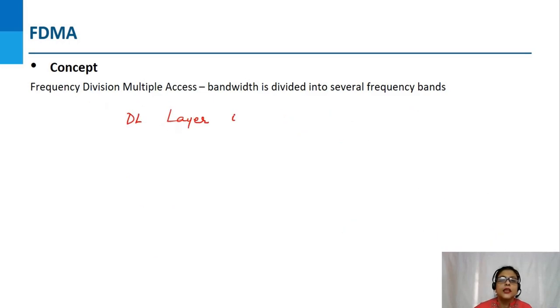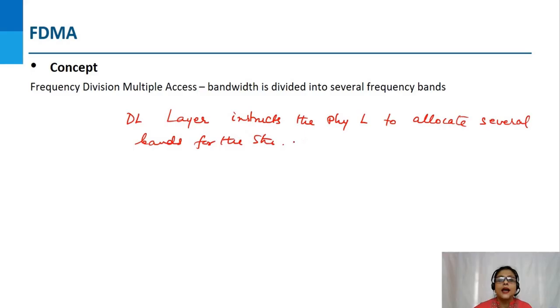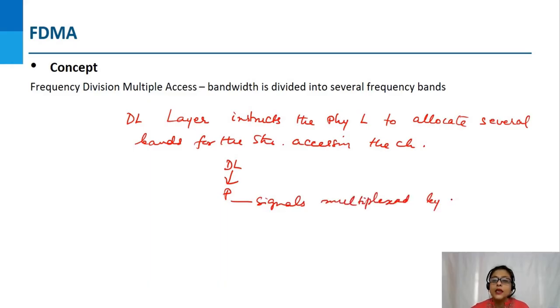Data link layer instructs the physical layer to allocate several bands for the stations that are accessing the channel. Accordingly, from the data link layer, the message is passed on to the physical layer, and in the physical layer, different signals are generated and they are multiplexed by different frequencies of operation. And these are then passed on to the channel.